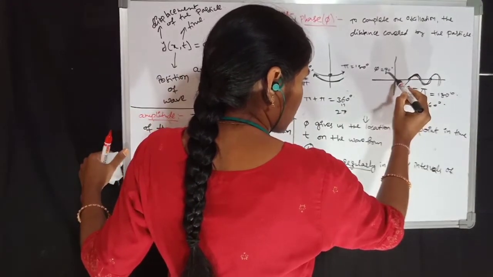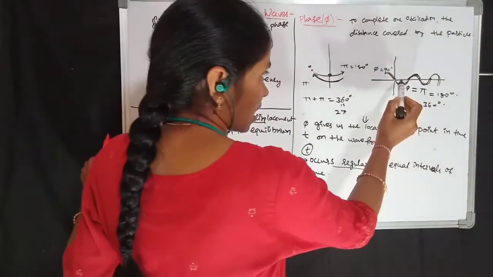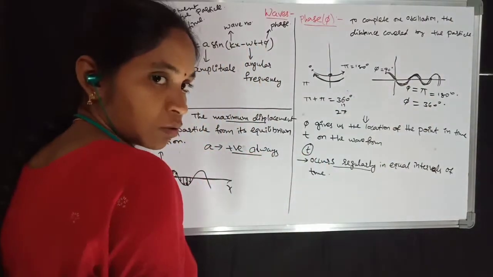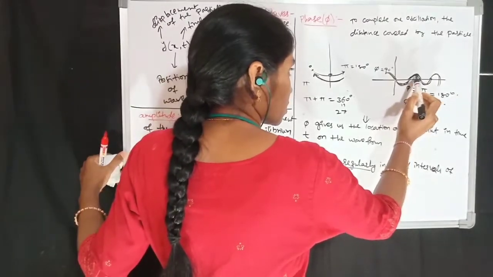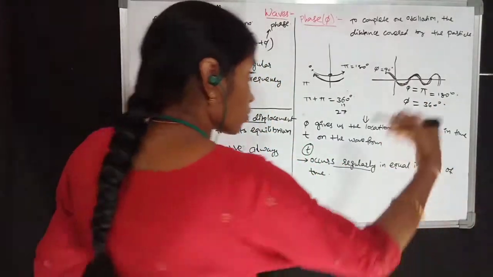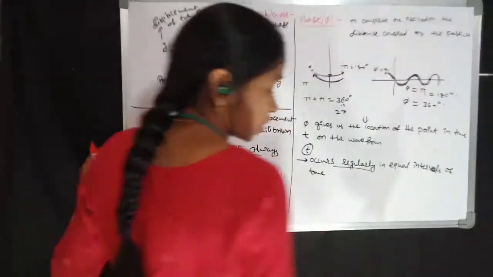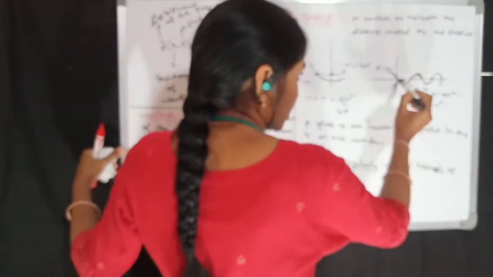If I am considering this portion, the time taken to travel this wave from this point to this point will be equal to the time taken from this point to this point, and also equal to the time taken from this point to this point. Here time remains constant, and this phi is nothing but phase.